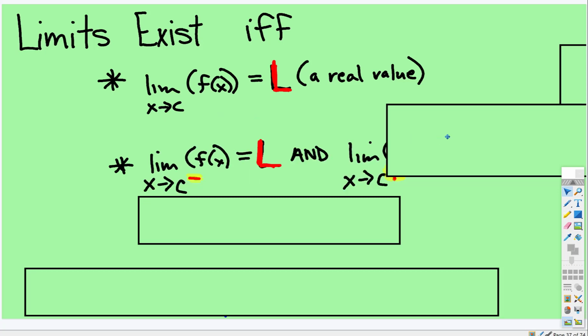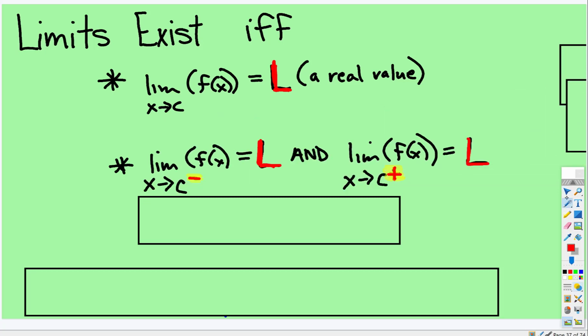The other rule is that if you're looking at a function, let's say I want you to look at that point right there. If you look from the left and from the right at a given c value, so let's put c right there.